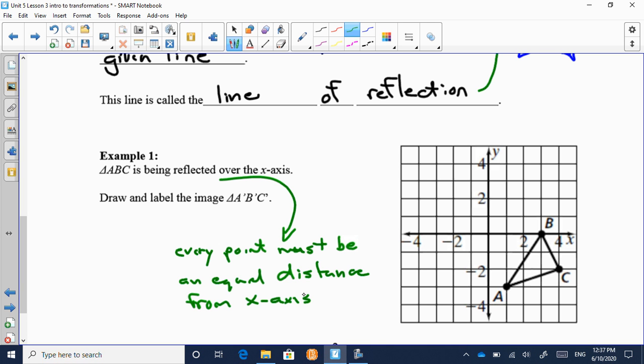Okay. Well, let's do B. B's the easy one because look at this. B is on the x-axis, so is B prime. It doesn't move. If it's on the x-axis, it's got to still be 0 away.